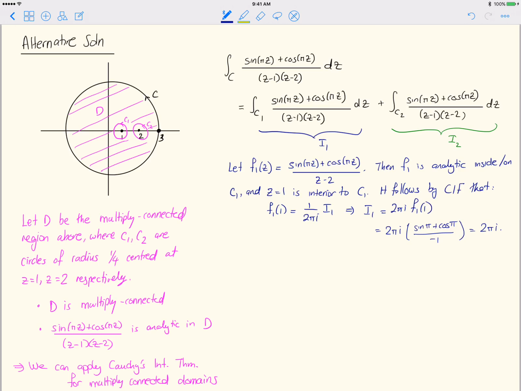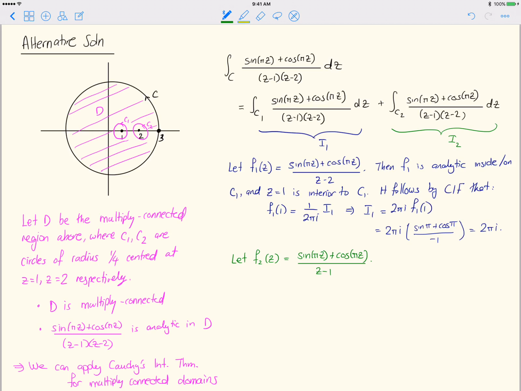And then I do a similar thing to calculate I2. For I2, you let f2 of z equal the same function, but now we take the denominator to be z minus 1.